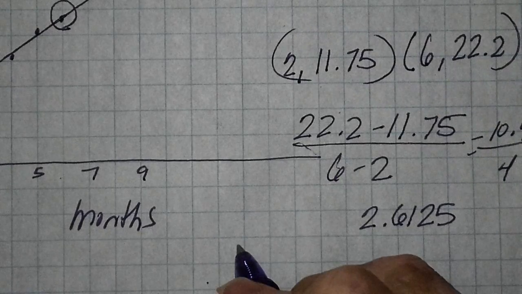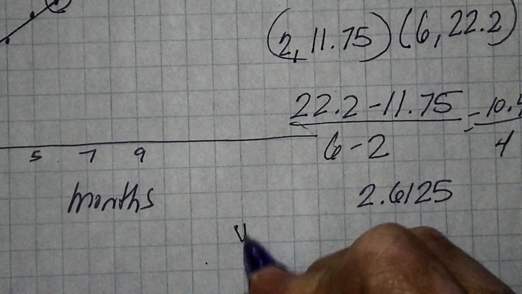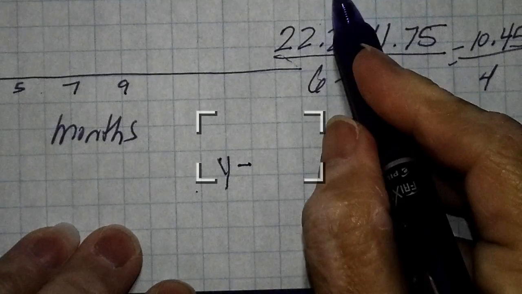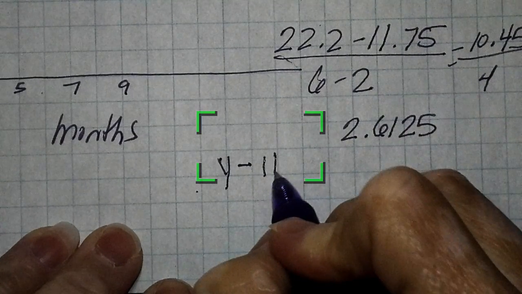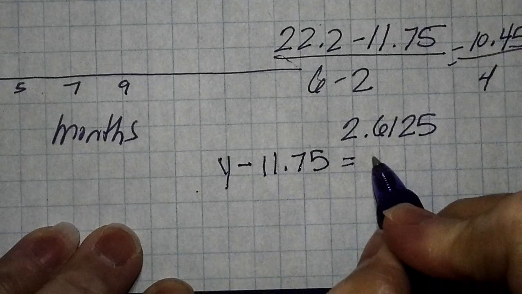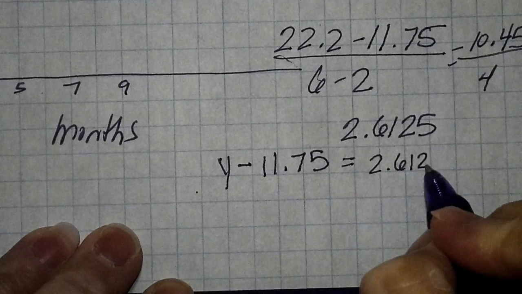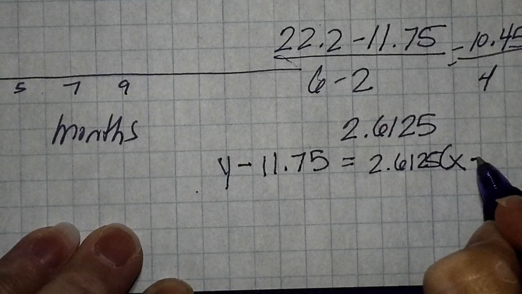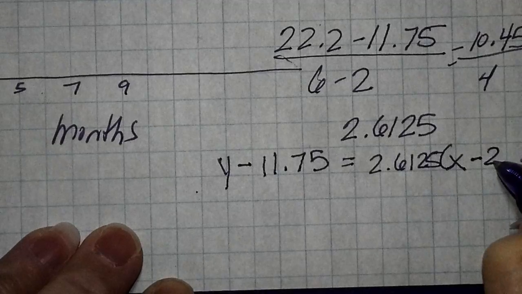So y minus y1: y minus 11.75 equals 2.6125 times x minus 2.